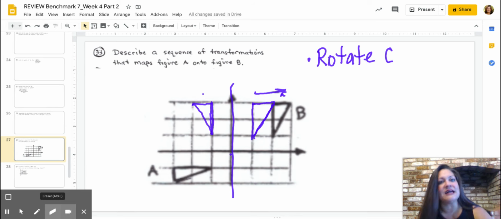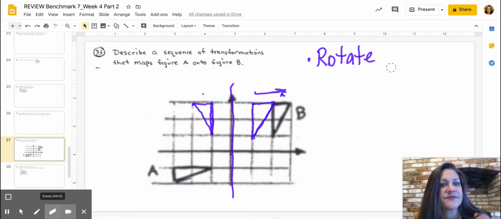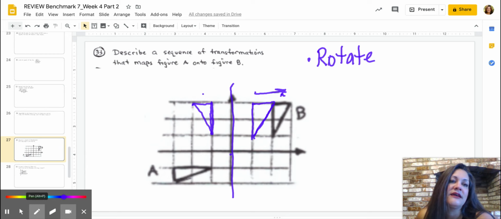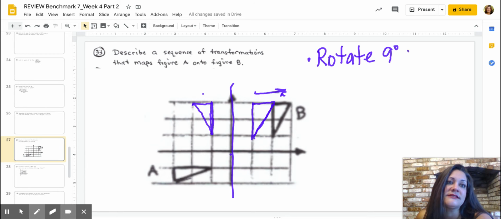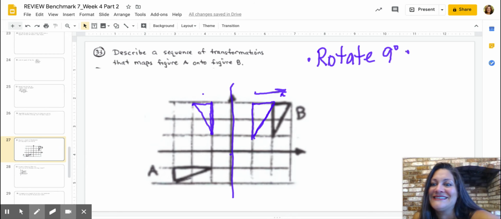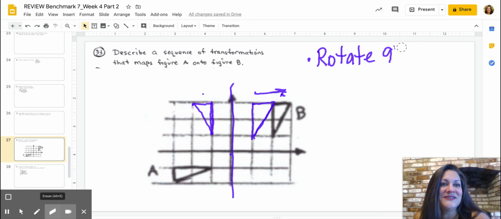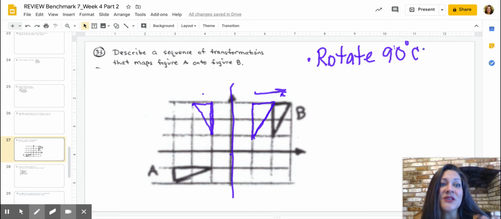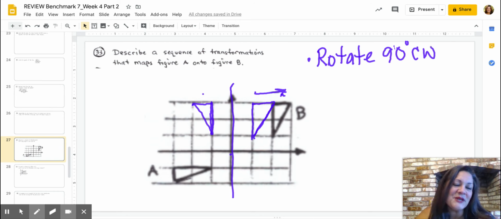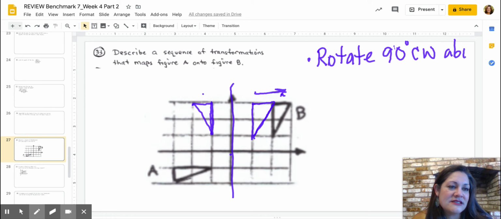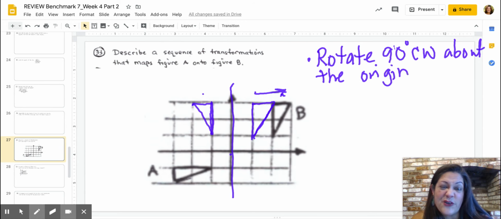Okay, so rotate 90 degrees clockwise. And we need to put about the origin. Okay, that's what we did first.